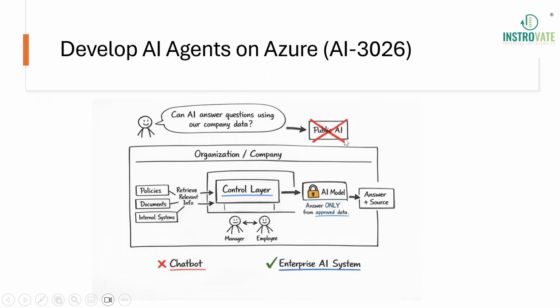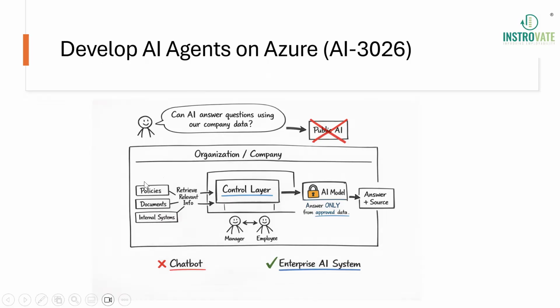Rather, the answer that he receives should be according to his organizational policies. So this is where your control layer comes into the picture. The prompt comes into the control layer, and the control layer goes ahead and looks into all the approved company data.